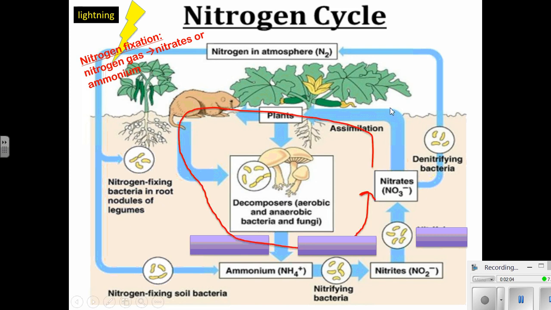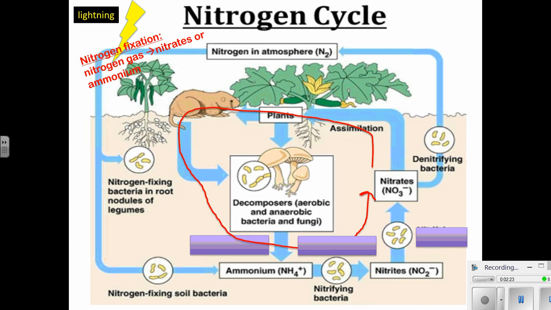So we're going to go to the inner loop now, and we're going to talk about how plants can assimilate nitrates. So nitrogen in the form of nitrates. Plants bring nitrogen in through the roots. They can absorb it. They can use it, and then animals will eat the plants.